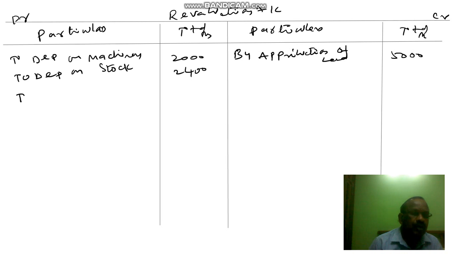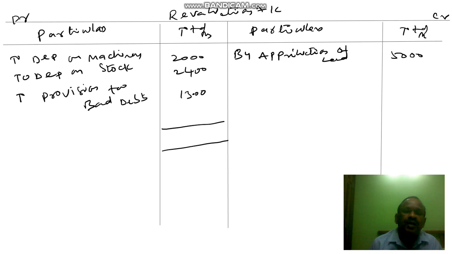Next, provision for bad debts is 1,300. So the debit side is more than the credit side. Due to the revaluation account, appreciation is less and depreciation is more. That's why it is a loss.